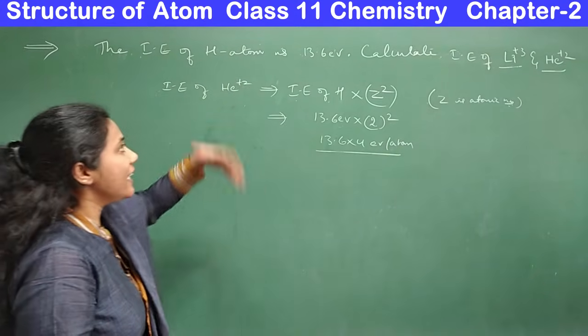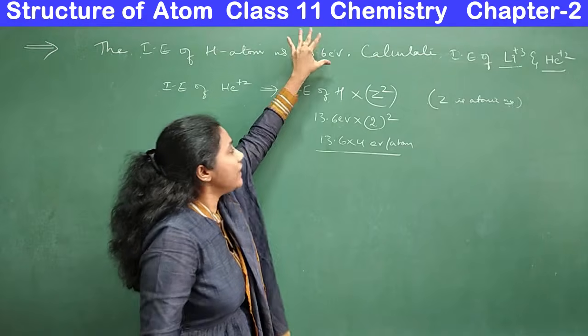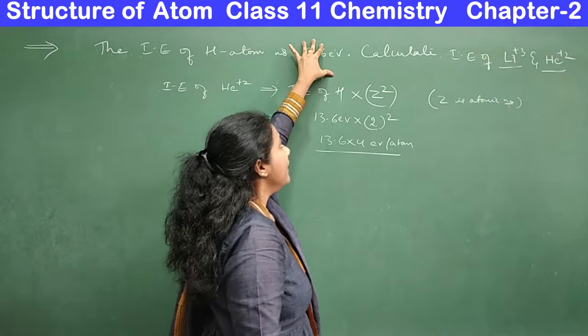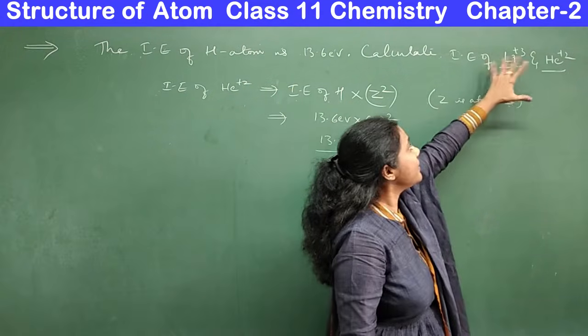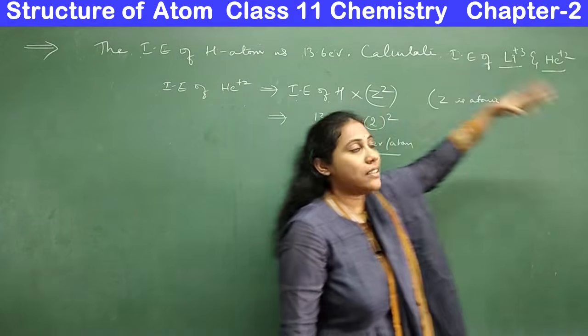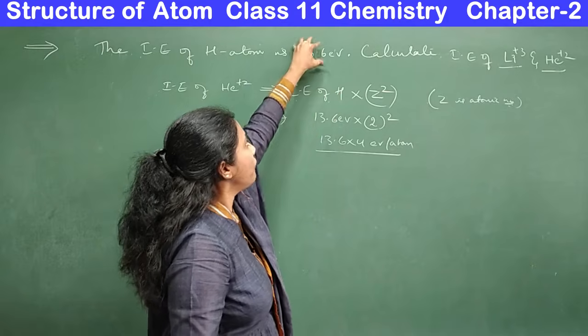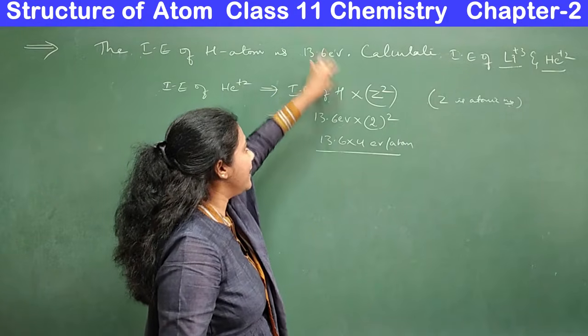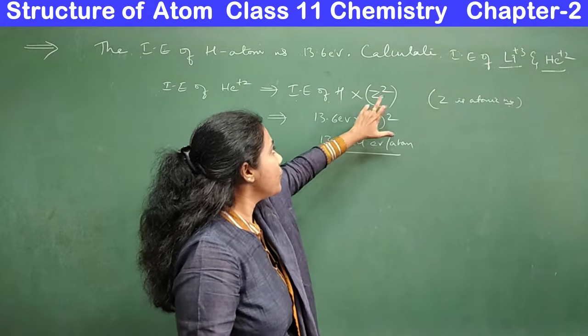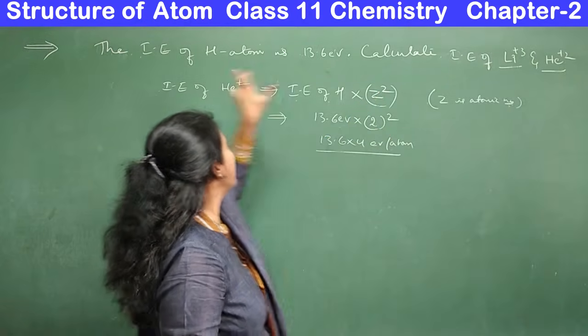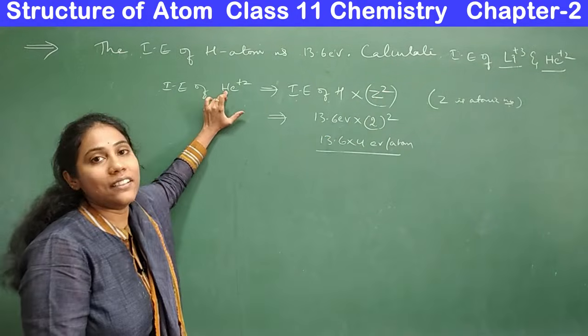So whenever they give the ionization energy of some element and ask you to calculate the ionization energy of other elements, you just have to do the ionization energy of the given element into Z square, where Z is for the element you are calculating.